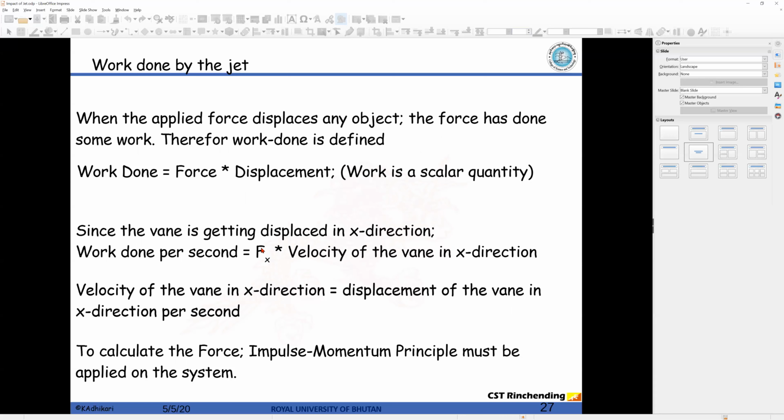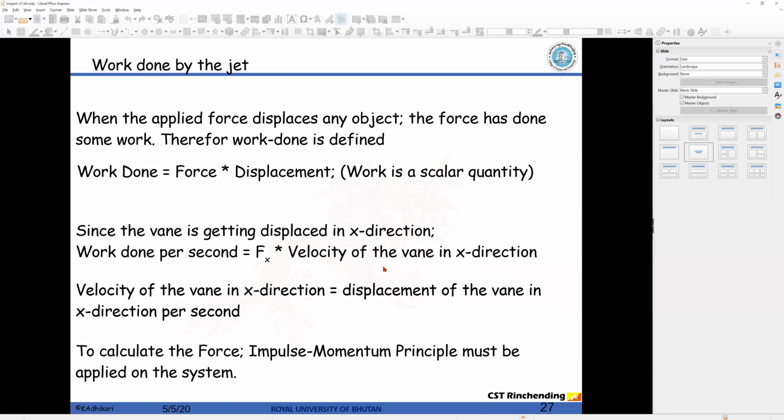Velocity is the displacement per unit time, and the unit of time we are taking is 1 second. So the work done per second is the force times velocity of the vane in x direction.